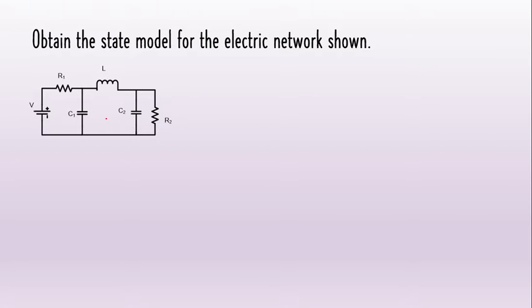Here the energy storing elements are 3: C1, C2 and L. That means we will have 3 state variables. What are the state variables?